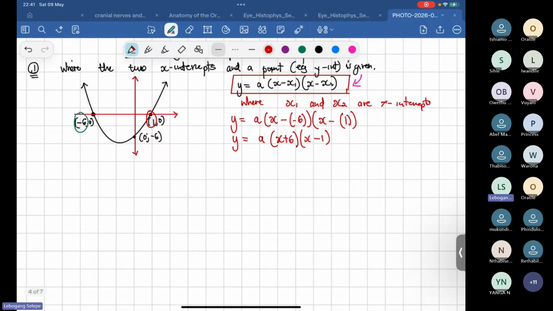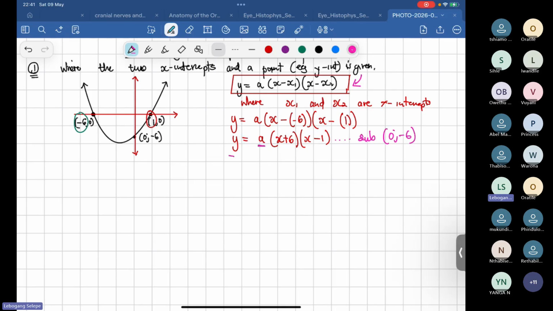Now you can see that there's a problem. We don't know the value of a. That is where the other given point comes in. Here we need to substitute the given point, which is the y-intercept, (0, -6). That point gives us the value of a.